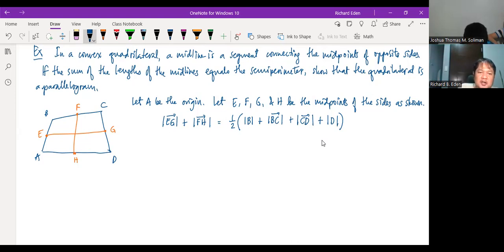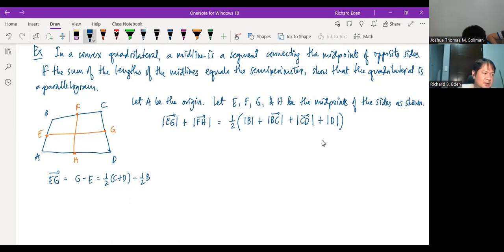So if you take vector EG, of course this is G minus E. And then G is the midpoint of C and D, so we have half of C plus D. And then E is the midpoint of A and B, so half of A plus B, but A is the origin, so this is just half of B. So that's EG.